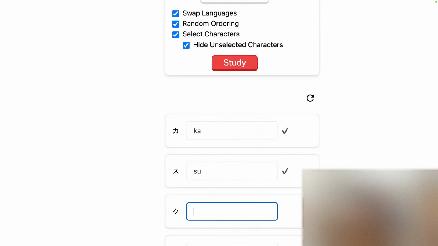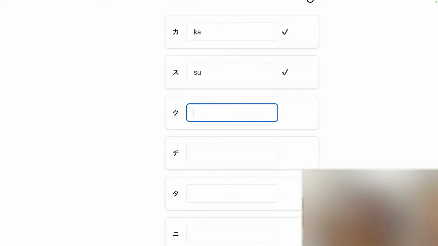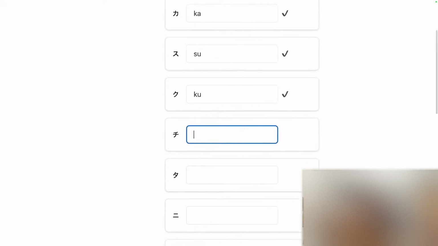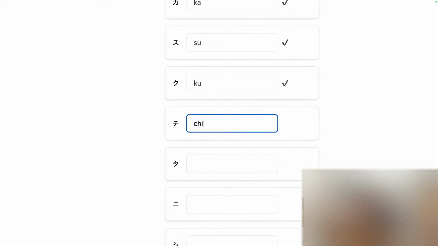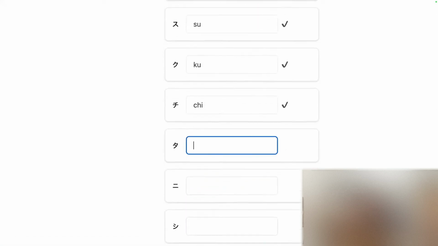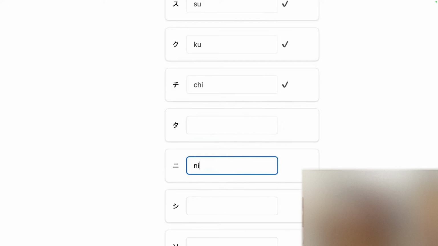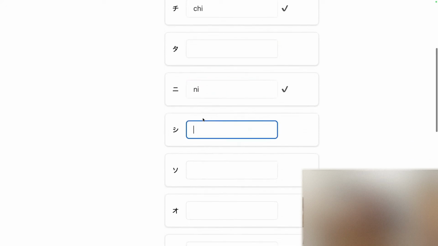Ka. Su. Ku. I think that's Chi. Yeah, that's Chi. This one is, skip. This is Ni. This is She.